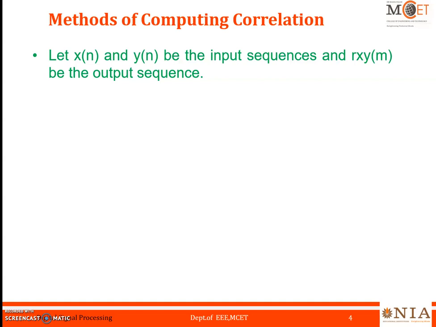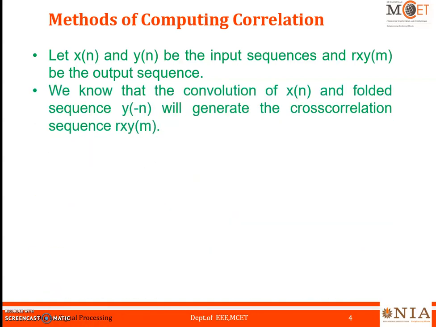When computing the correlation, take x of n and y of n as the input sequences. For the cross correlation Rxy, you take x of n directly, but for y of n, you have to find y of minus n. Then you perform the cross correlation.